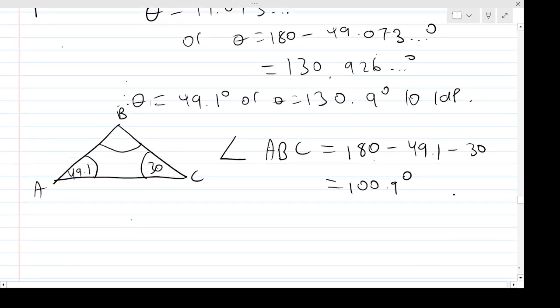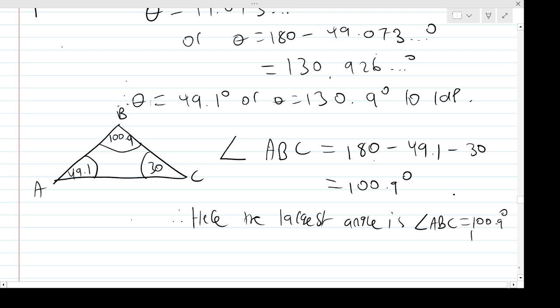Well, in this case, that is the largest angle, right? Out of 100.9, 49.1 and 30, that is by far the biggest one. So therefore then, here, the largest angle is angle ABC, which is 100.9 degrees to one decimal place. So that's one triangle, but then I need to consider the other solution for theta.